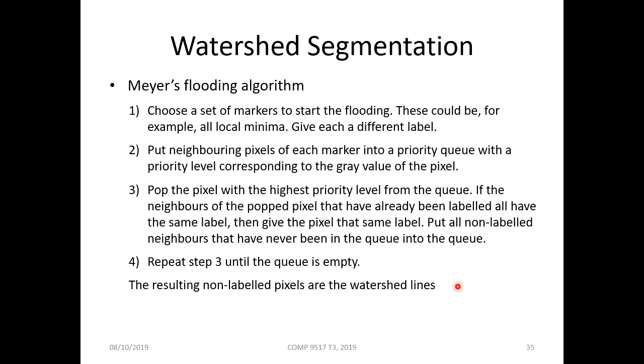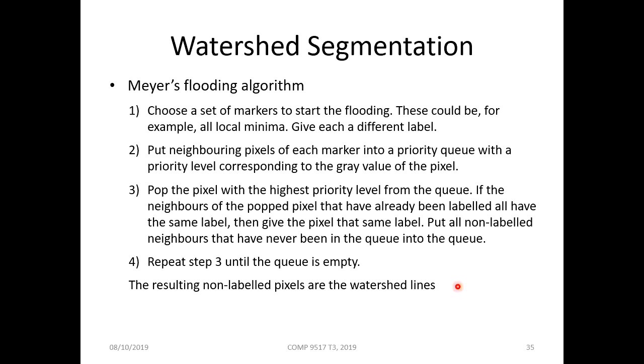You choose a set of markers, and that could be, for example, the minima, as I explained, but it doesn't have to be. You can also manually choose seed points, let's say, or markers. You give each a different label, and then you put the neighboring pixels of these markers in a priority queue with priority level corresponding to the gray value. Meaning that, and that's from the bottom up, the low values have the highest priority. The higher the value, the lower the priority.